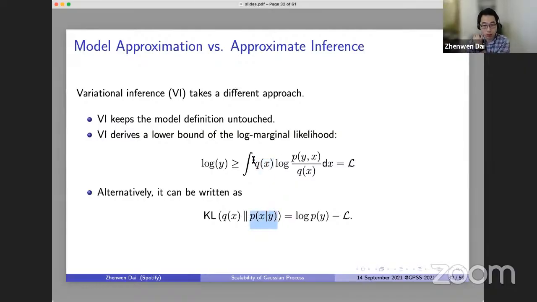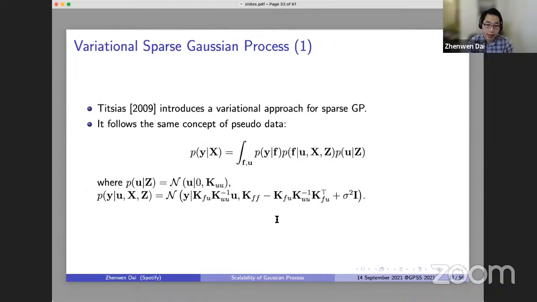One way to write this is that we are maximizing the lower bound, which is equivalent to minimizing the KL divergence between the variational posterior and the true posterior. Following that idea, Titsias introduced a variational inference approach for sparse Gaussian processes. It's basically the same idea along the lines of pseudo data approximations.